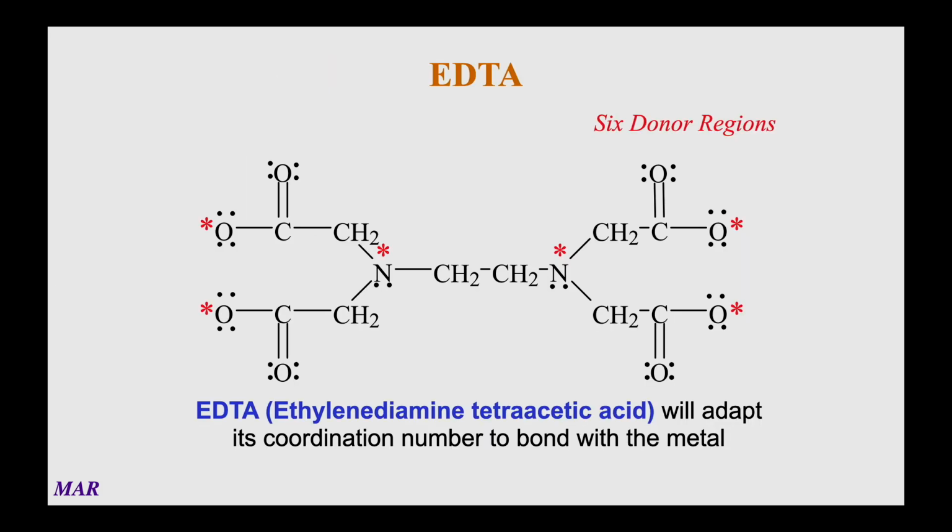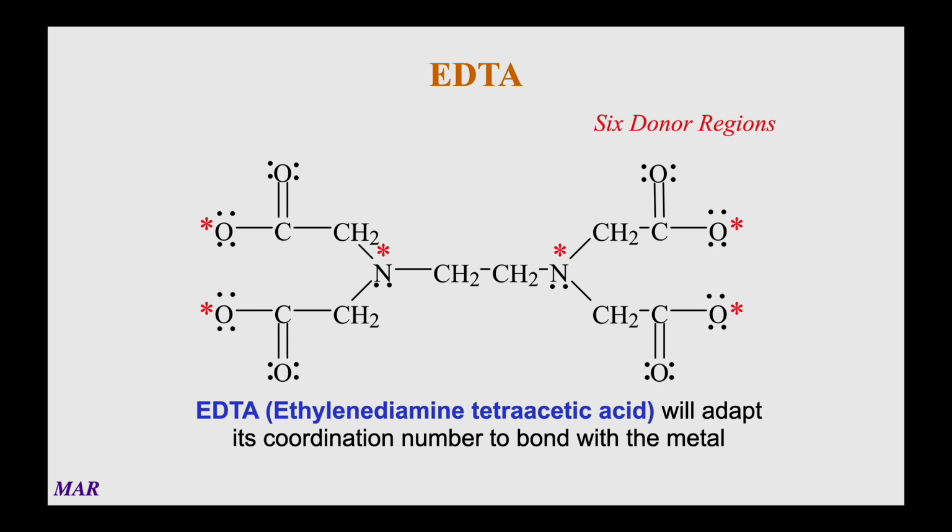EDTA looks like this. This thing is called ethylene diamine tetraacetic acid, and EDTA has up to 6 possible dentate positions, and each of those little stars up there represents one of the places where it could make a connection to a metal. And you can see that each one of those star places has a lone pair of electrons.